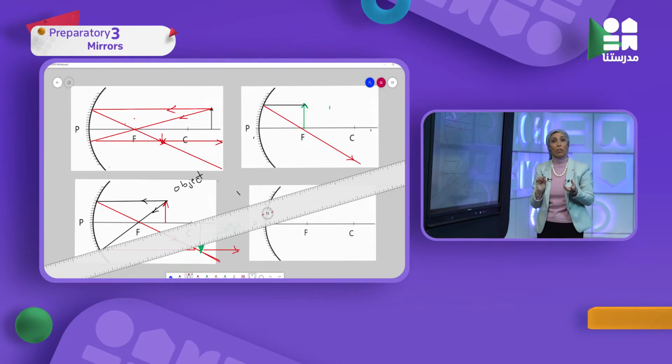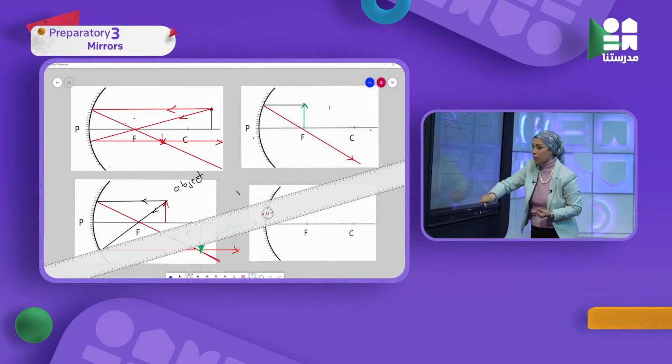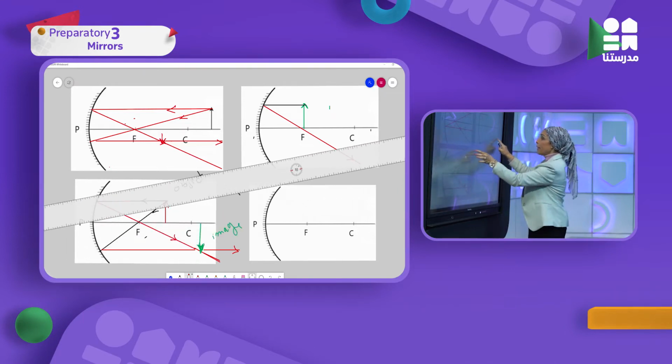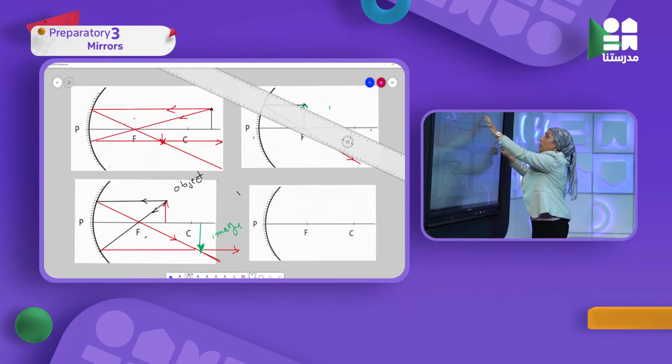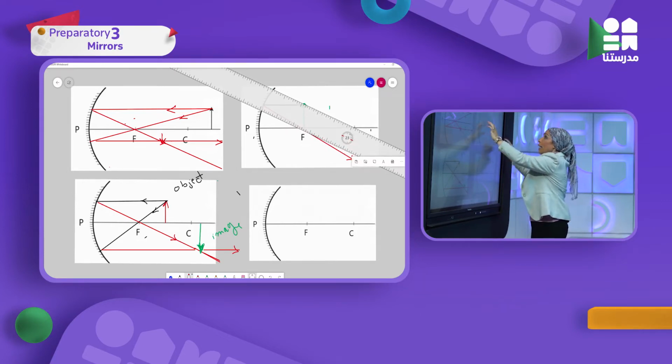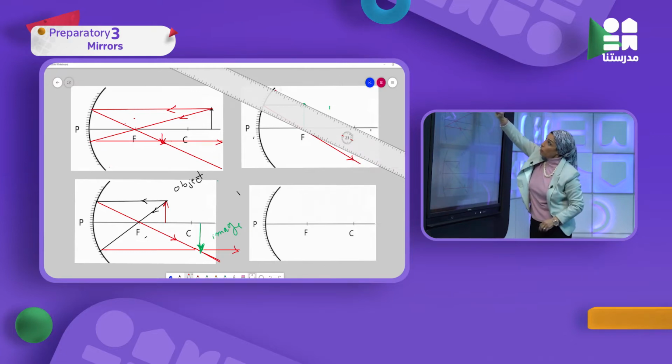But what about the second ray? I will choose the ray passing by the center of curvature, which reflects on itself. Let's see how. Here is the second ray from the same point, and I adjust my hand very well, passing by the center of curvature like this, and it will reflect on itself. This is the ray passing by the center of curvature reaching the surface.